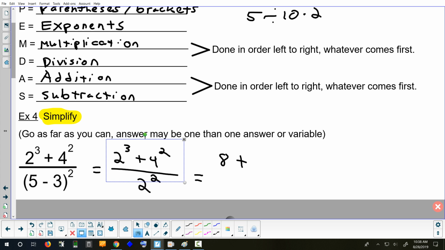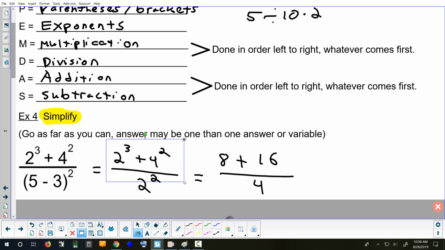Good job. And the last one, 2 to the 2nd power means 2 times 2, which is how much? 4. Nice. Good job.